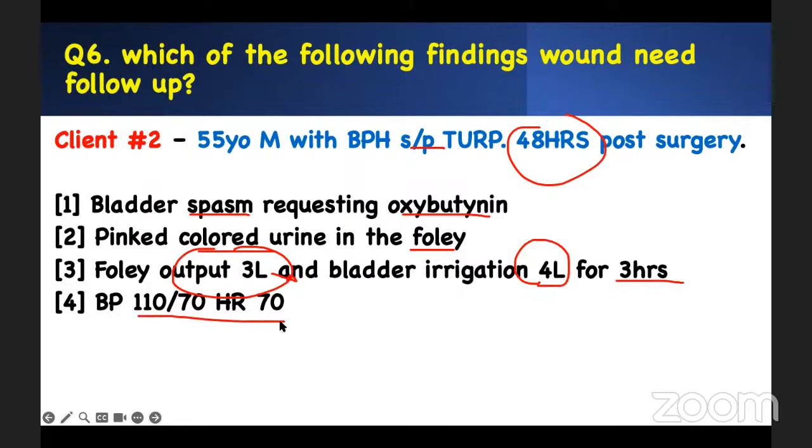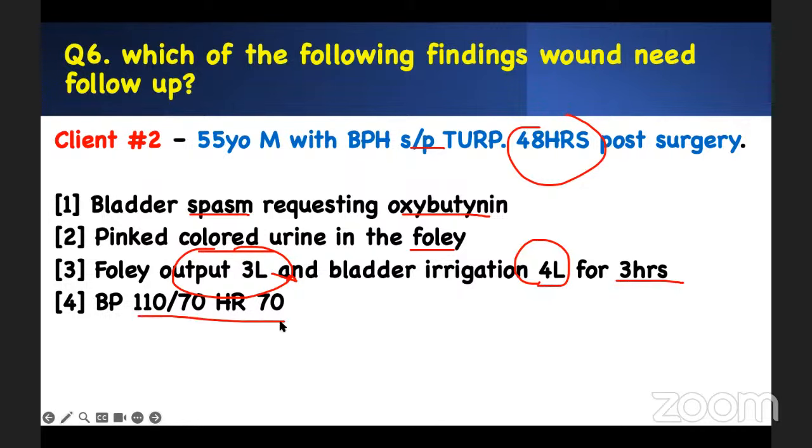So this is fine. If you complain of spasm and you ask for oxybutynin, the way to memorize or understand medication for urology: if you see "butynin" at the end, they always do what? Stop contraction. Oxybutynin, they stop contraction.